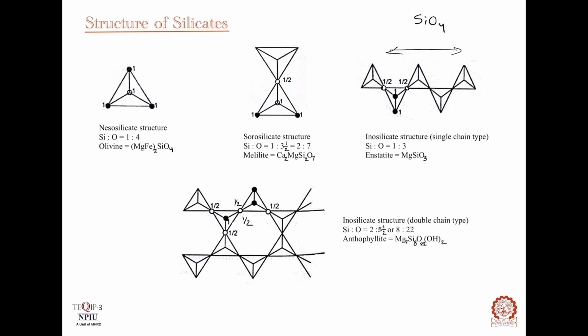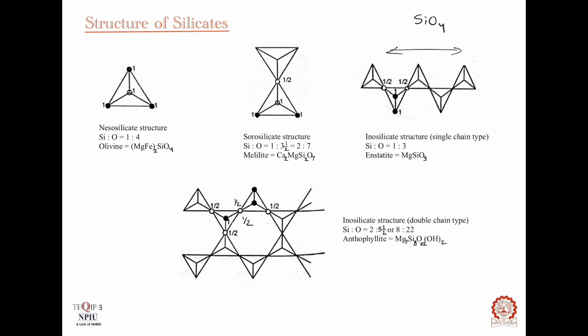In single chain inosilicate structure, the ratio between silicon and oxygen is 1:3, because here two oxygen atoms are shared between the tetrahedra. So for one silicon atom, the number of oxygen atoms will be 1, 2, half, and half, which is 3. That's why here the ratio between silicon and oxygen atom is 1:3.